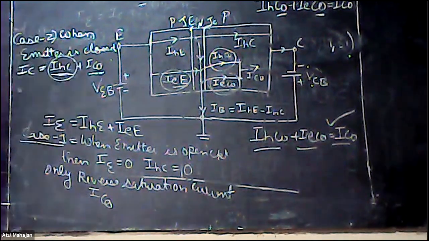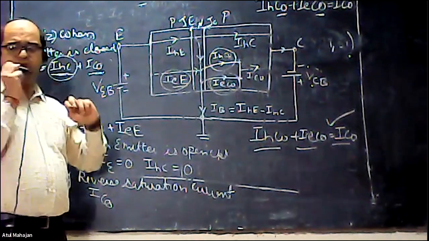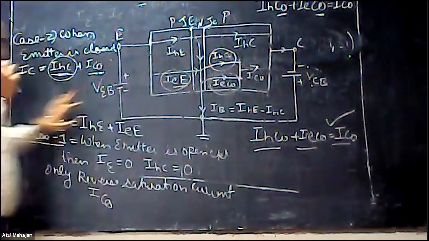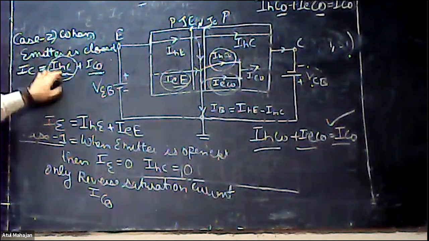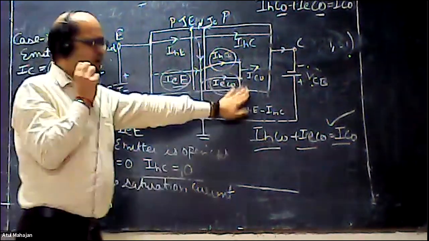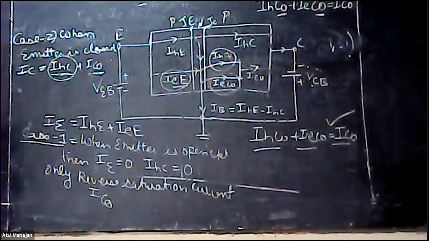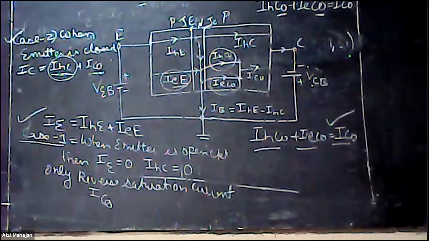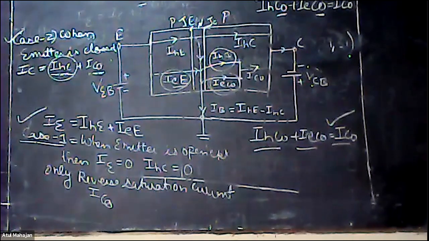IHC is the current transferred from the emitter towards the collector junction, comprising the majority carriers, and ICO is the reverse saturation current produced in the collector junction because of the reverse bias voltage. These are the two cases we come across when we talk about the concentration of charged particles in the forward and reverse biased junctions.